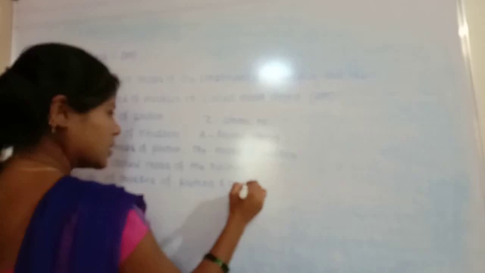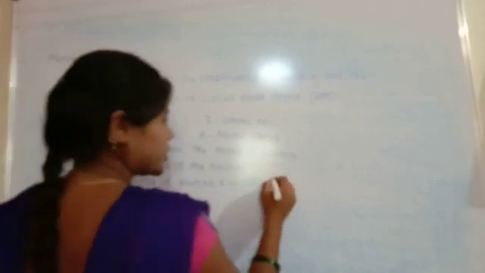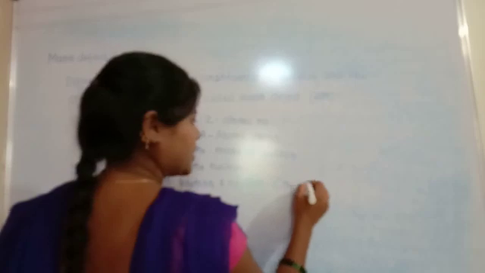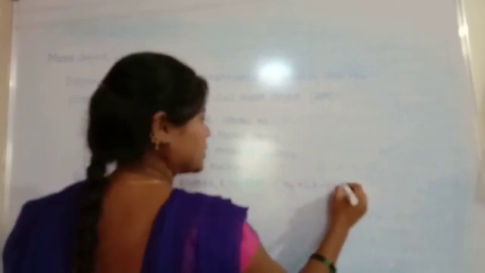So first of all we calculate the sum of masses of protons and neutrons. We get the value Z Mp plus (A minus Z) Mn.